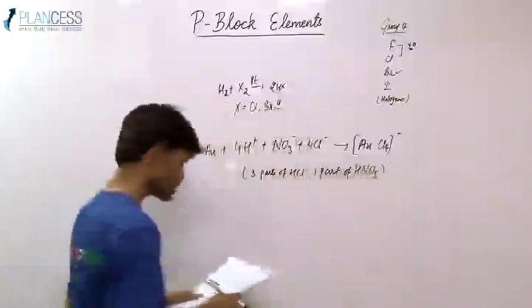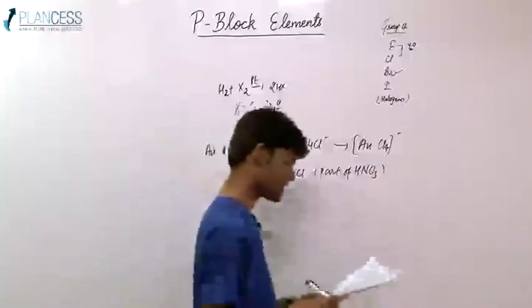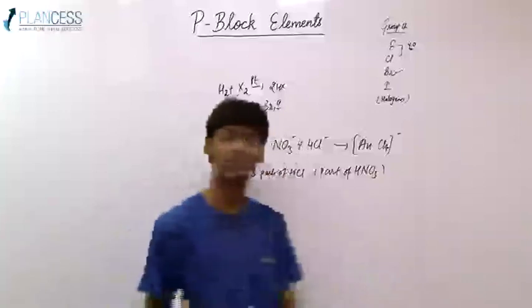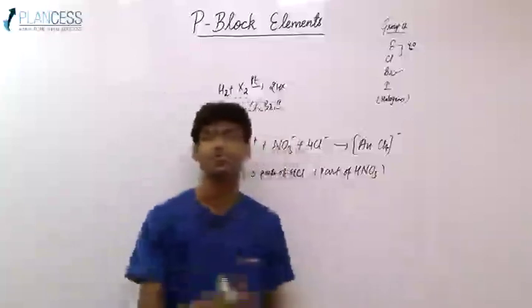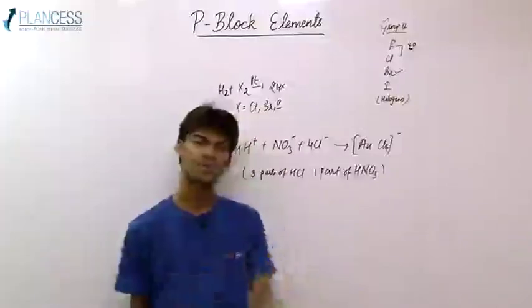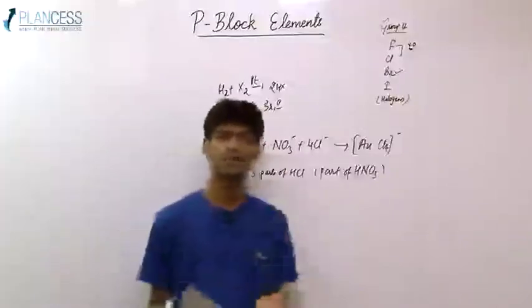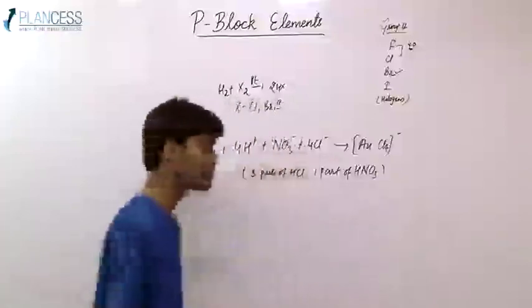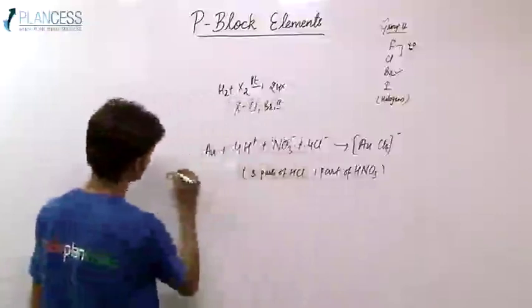Now talking about the reducing property and stability of hydra acids. HCl is quite stable. Cl here is in the minus 1 oxidation state, so it can be oxidized, though it acts as a reducing agent in such cases. It can be oxidized by a strong oxidizing agent like Pb3O4. I have told you earlier that Pb in the +4 oxidation state is very stable.